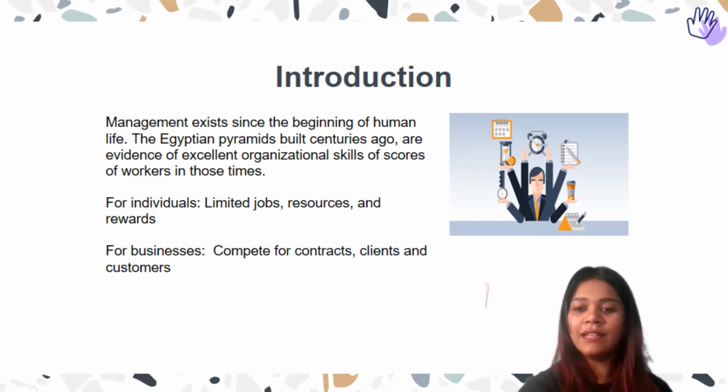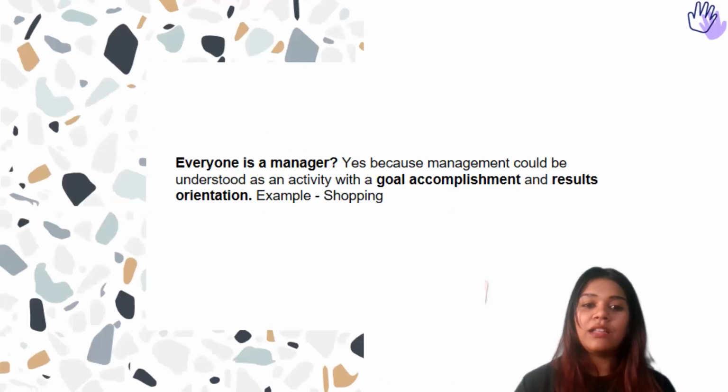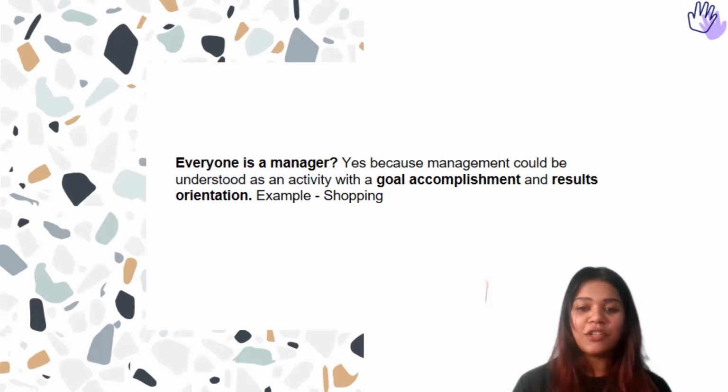We'll move ahead with knowing more about management and its evolution. Everyone is a manager. Yes, management can be understood as an activity with goal accomplishment and result orientation. Are all of us managers? I think the majority of you would say yes, and the answer is yes.